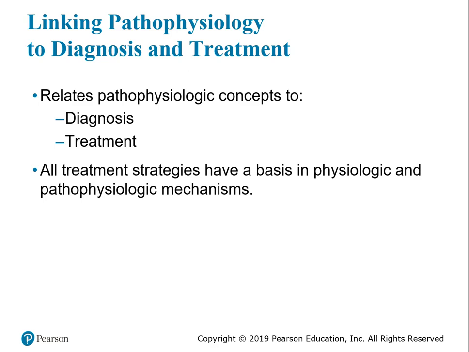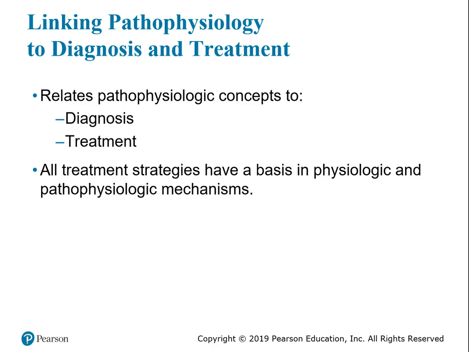So you'll relate those pathophysiologic concepts that we talked about a little bit in the beginning to diagnosis. I sort of alluded to that, right? If we're talking about different signs and symptoms, we order a certain test, like a blood panel or something like that. And then we make a diagnosis, and from there, develop a treatment strategy based on that diagnosis.